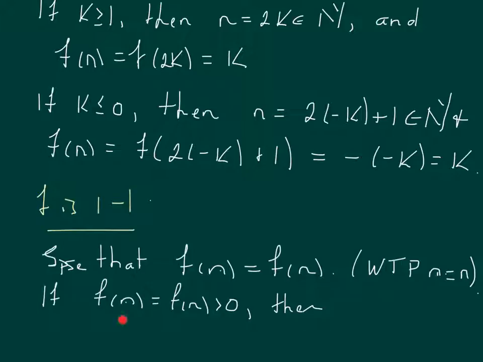Odd numbers, m and n, are mapping to numbers that are less than or equal to 0. So if f of m, which is f of n, is positive, it must be true that m and n are even. All right? So we can say that. So then, m and n are even.